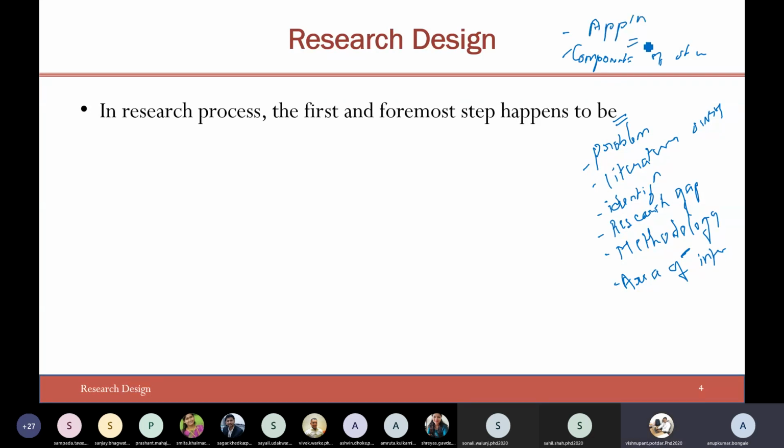Okay, so I think we have got a sufficient number of answers. A few of you told me problem, identification of the problem, literature review, research gap, methodology, having a proper area of interest, and also exploring the applications, and the components of the study that you are undertaking.